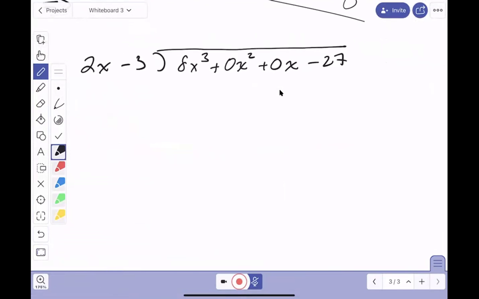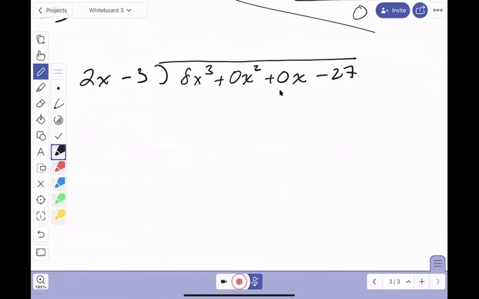What am I going to do over here? One step at a time. What times this, that's 2x, would give me this? Well, that'd be 4x squared, right? Again, you may be struggling.